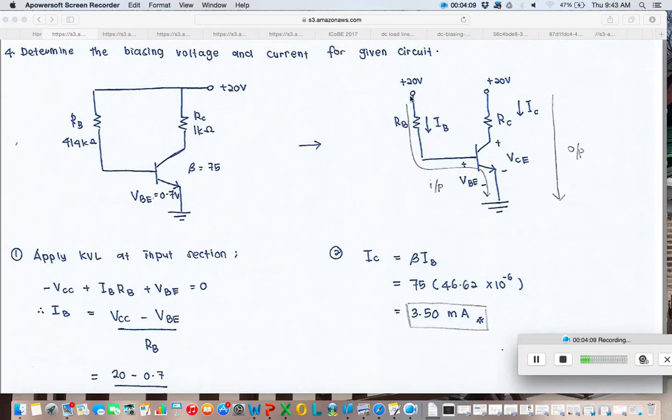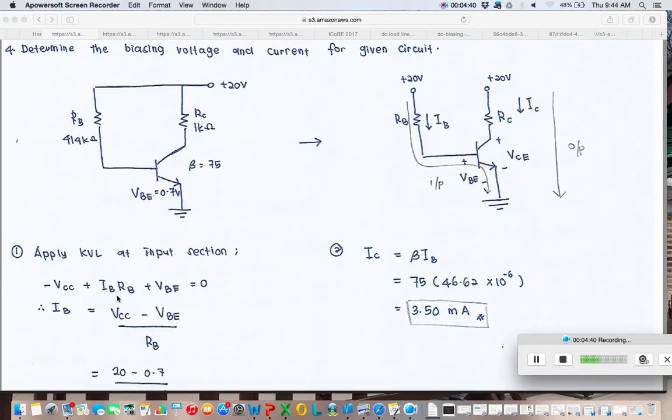So the current flowing through RB and VBE, we call the input section or input loop. Whereby the other current that flows, which is IC, going through RC and VCE to the ground, we call the output loop.